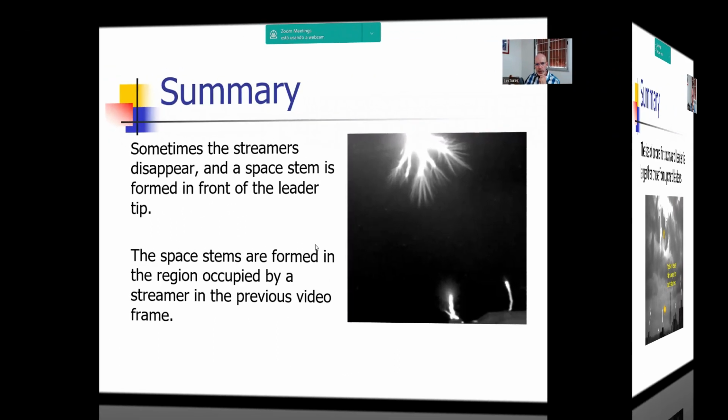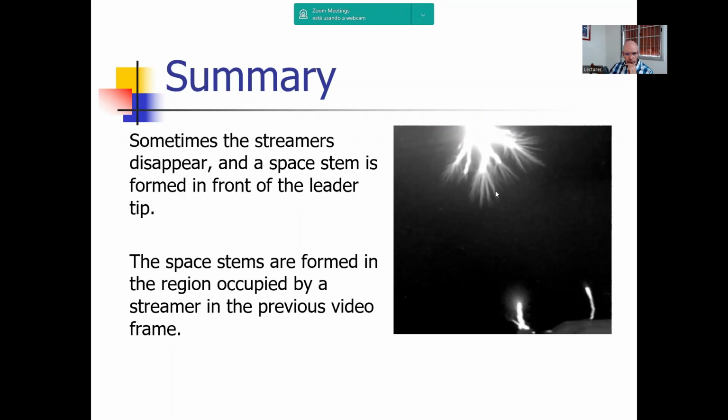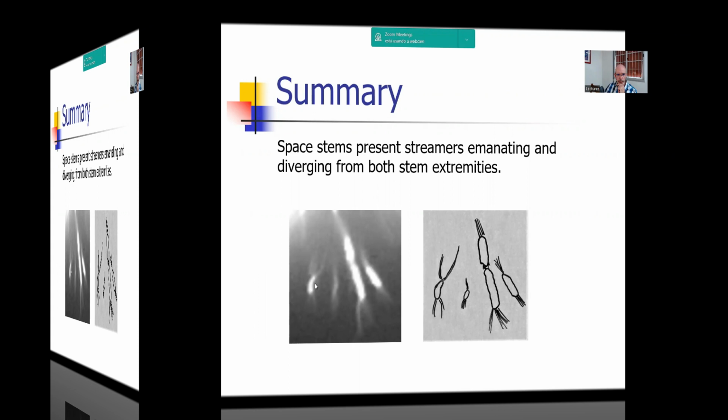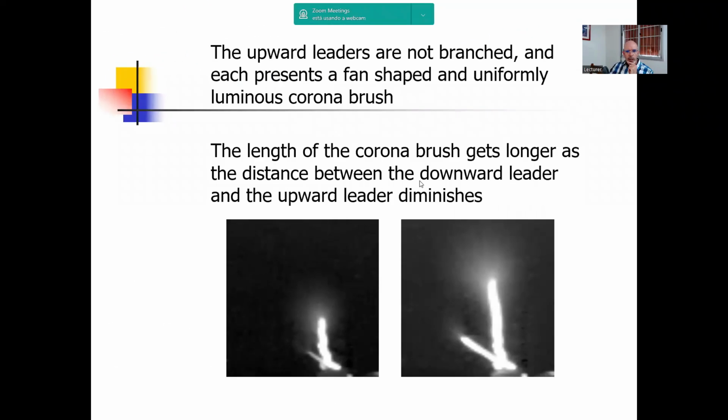The space stems are formed in the region previously occupied by the streamer. Here's one case. And as I told you before, you can see streamers emanating from both tips of the space leaders. Upward leaders are usually not branched.